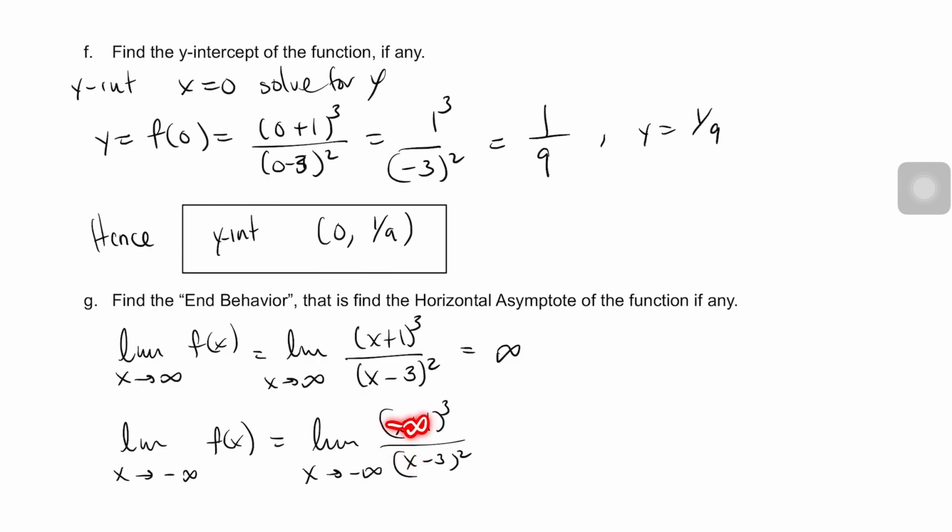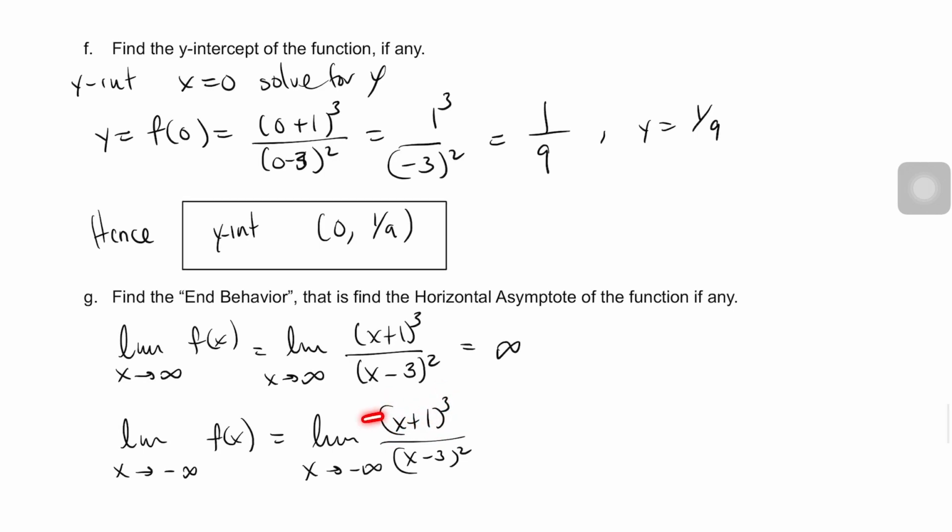So pretty much what we have is negative infinity to the third over negative infinity squared. If you square the negative infinity, it's going to give you a positive infinity, and a cube of negative infinity will give us a negative infinity. So these are going to cancel, giving us negative infinity. So there's no horizontal asymptote here.